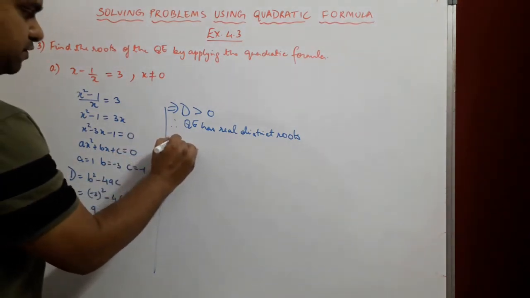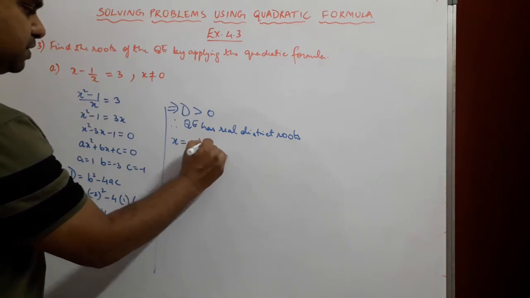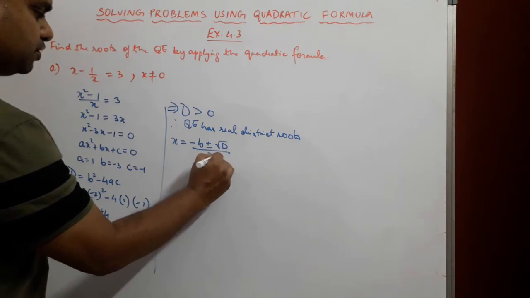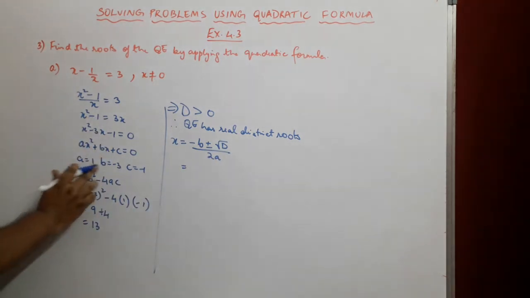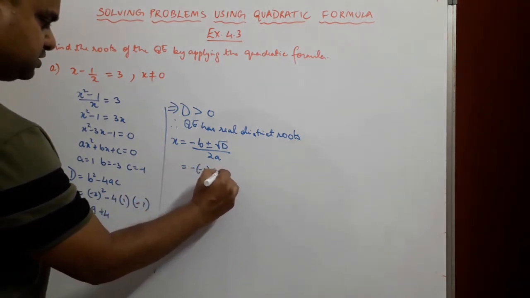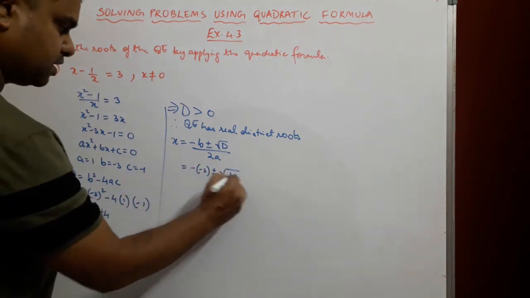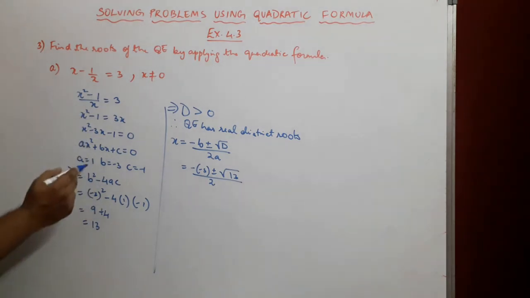To find the roots, we use the quadratic formula, which is x equal to minus b plus or minus square root of discriminant upon 2a. b is minus 3, so minus of minus 3 plus or minus square root of D, D is 13, upon 2a, a is 1.